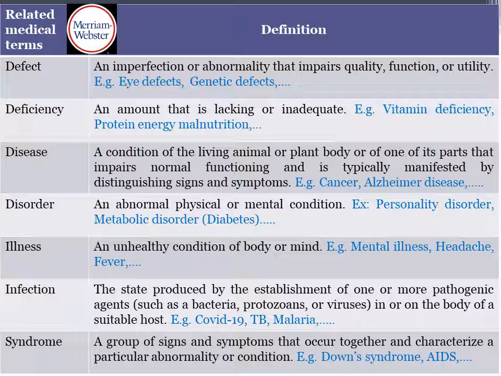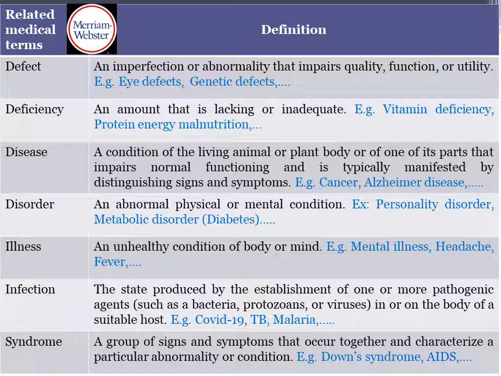Next is a metabolic disorder, like diabetes, where our body fails to produce enough insulin to convert our extra glucose. Diabetes is a common term, even the common man knows it, and I hope you also know it. It hampers the body's ability to keep the glucose under control.